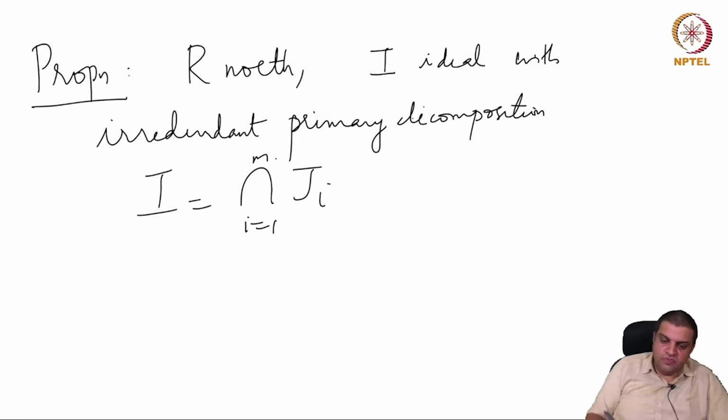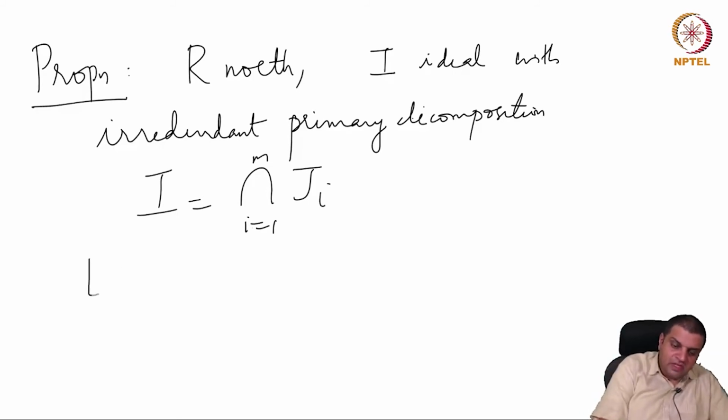All the Ji's are strictly bigger than I. The R mod Ji's are primary and have distinct associated primes. And we saw in the previous proposition that the associated primes of I is the union of the sets of associated primes of these individual components.